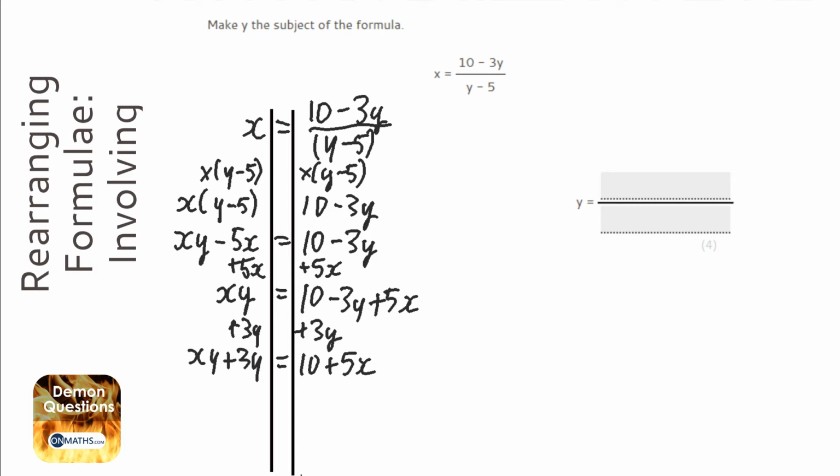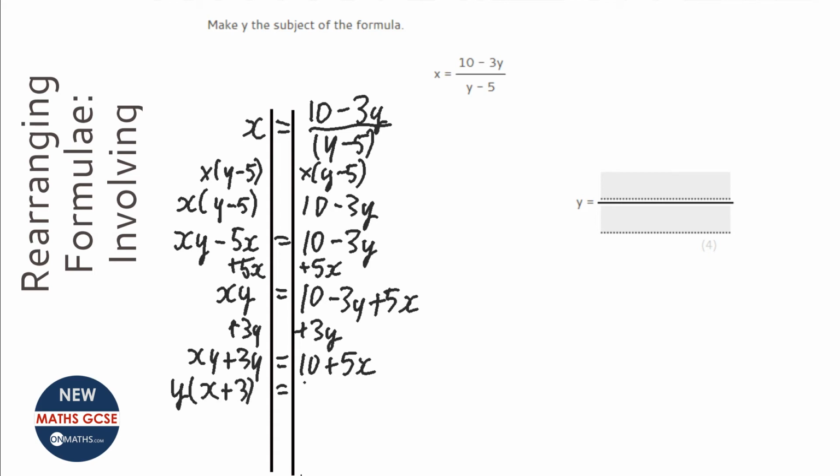Okay, now we factorize so that we just get one y. So I'm going to factorize the left hand side and get or divide y out. So we've got y times x plus 3 equals 10 plus 5x.